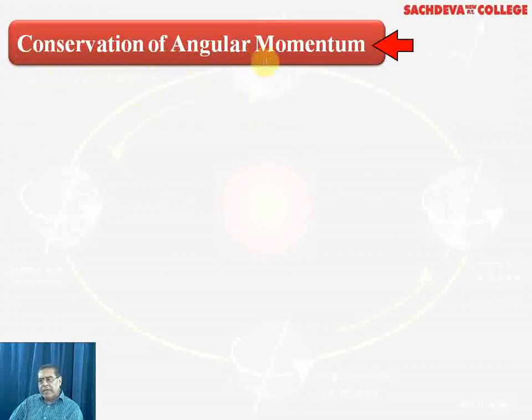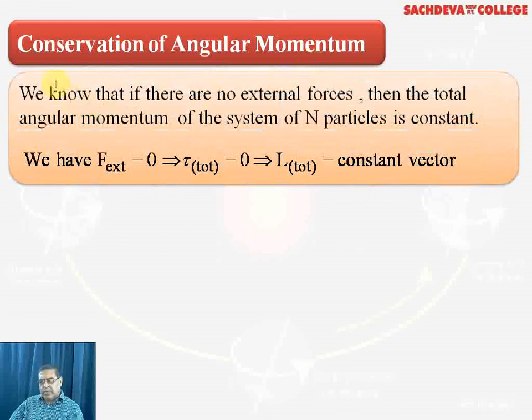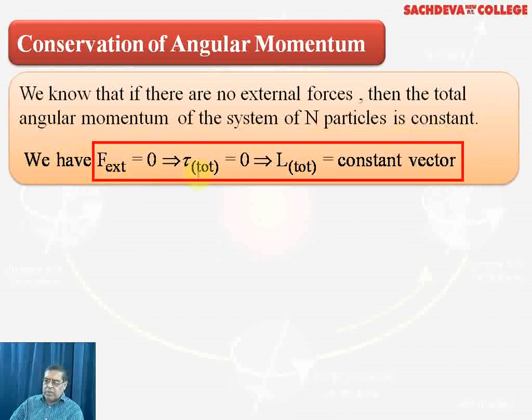Now, conservation of angular momentum. As I just explained, the total angular momentum will remain constant when no external forces causing torque are applicable. If there are no external forces, then the total angular momentum of a system of n particles is constant. Mathematically, F external is equal to 0, or the total torque is equal to 0, and L total is a constant vector.